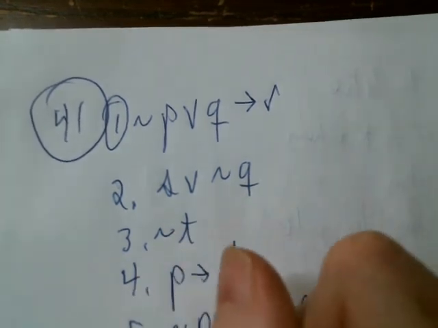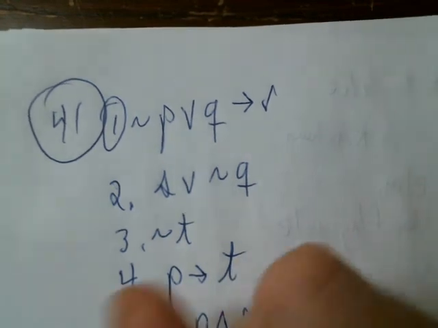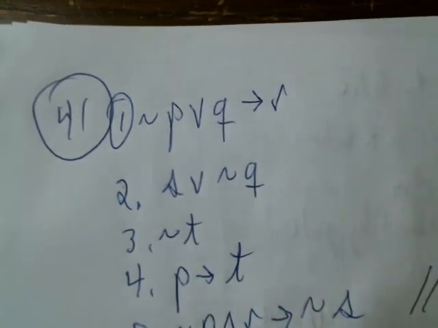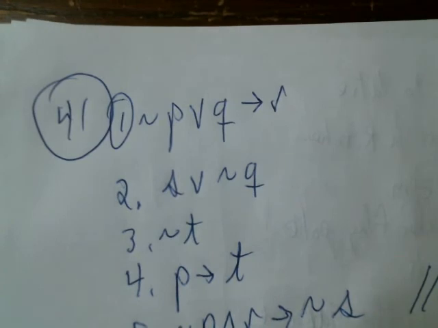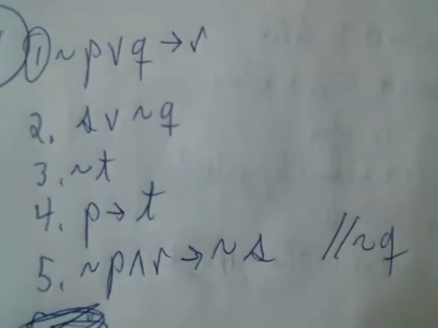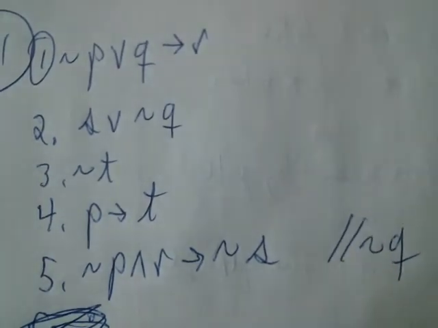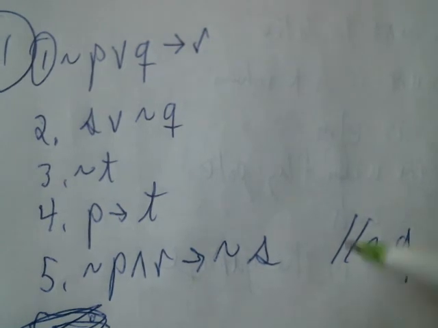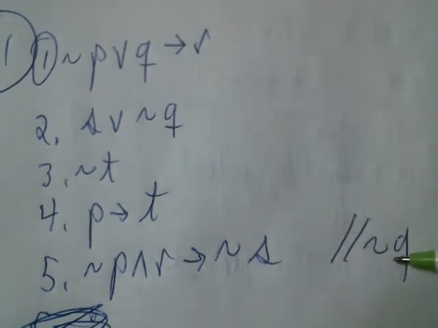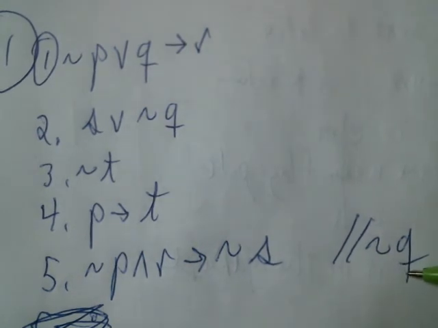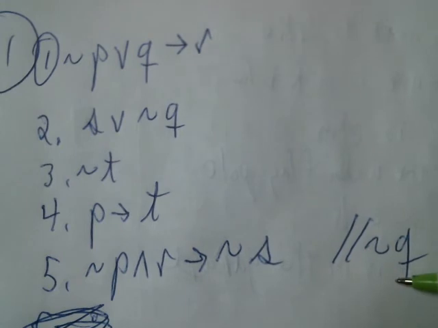And then 6, therefore, well, what we want to prove. I usually like to write it like this: I want to prove not Q. Okay? So these are my premises, and I want to end up here at not Q. And you use those valid argument forms.